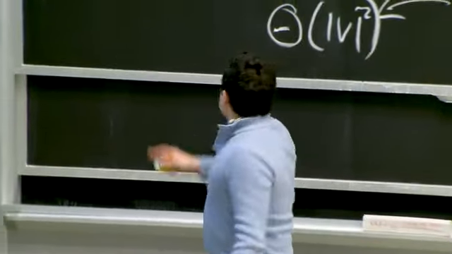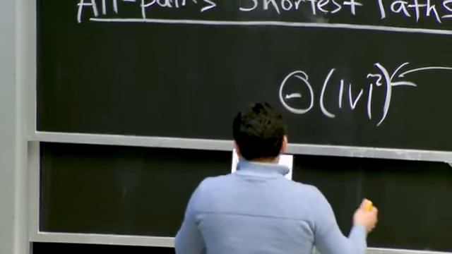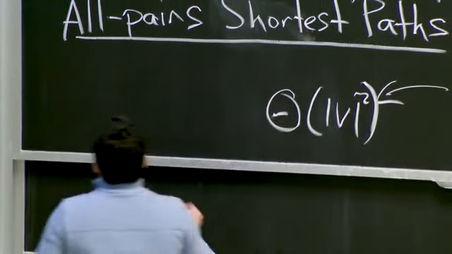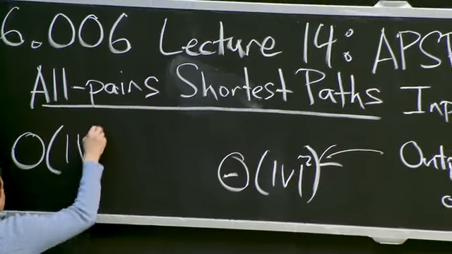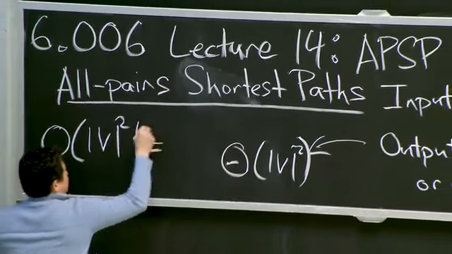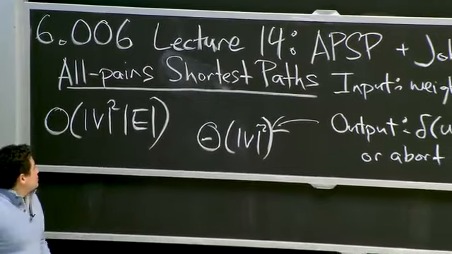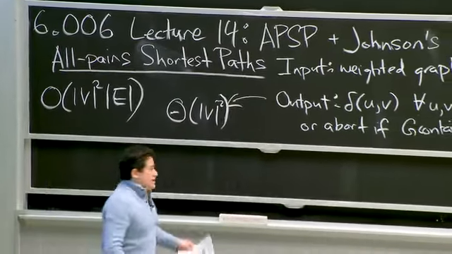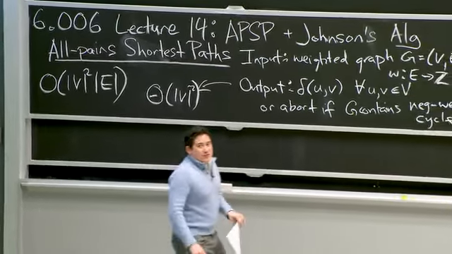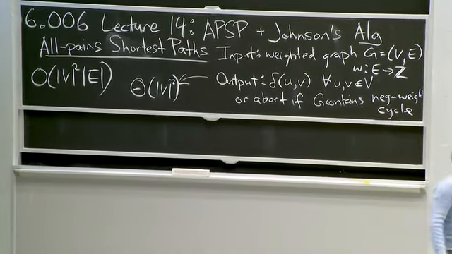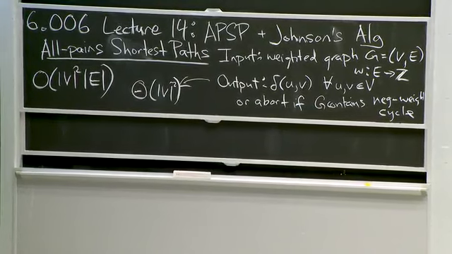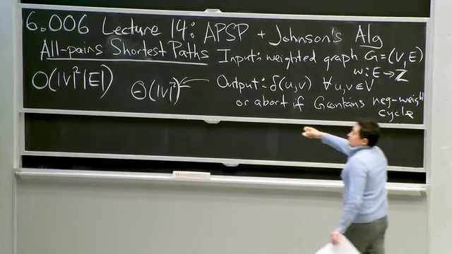And we could definitely solve it in order V squared E time using Bellman-Ford, right? We just take V steps of Bellman-Ford and deal with a graph on any set of vertices, right? We can do better than this.